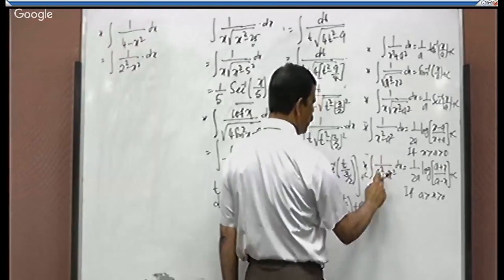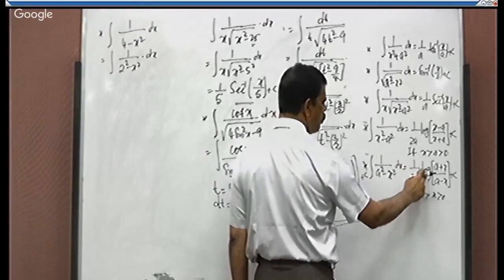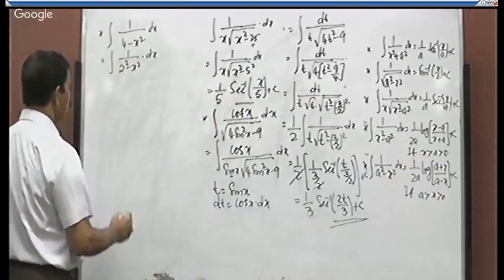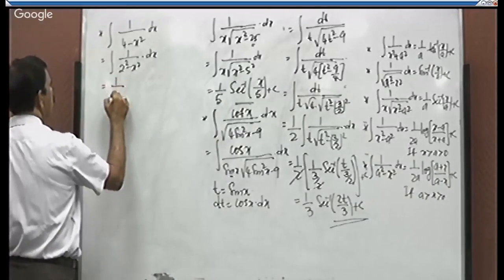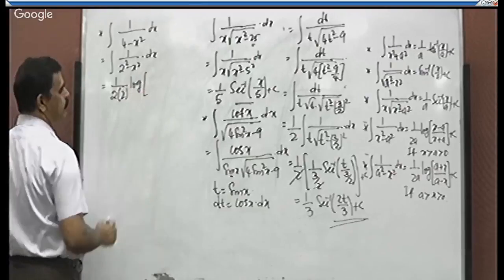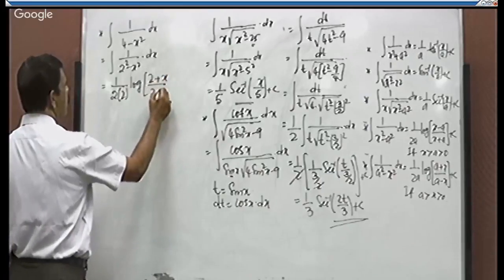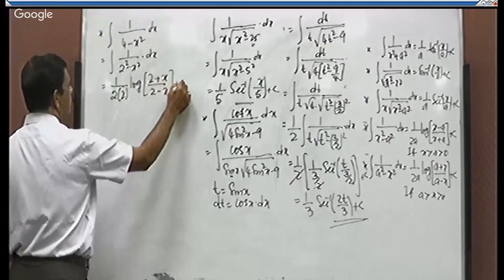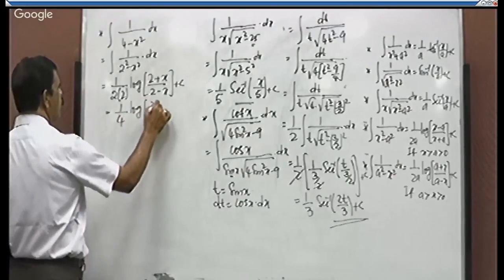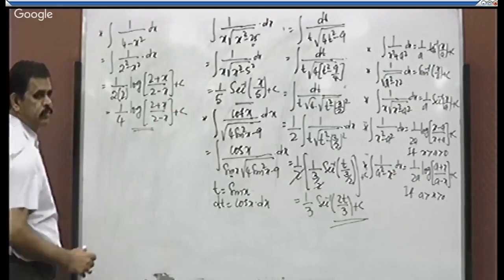The answer is 1 by 2a into log of a plus x divided by a minus x. Here a is 2, so that is 1 by 2 into 2, that is 1 by 4, into log of 2 plus x divided by 2 minus x plus c. Right?